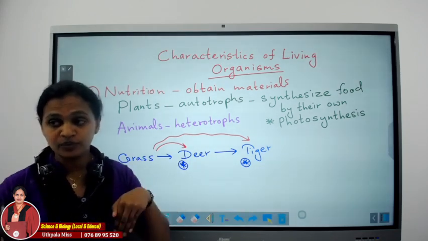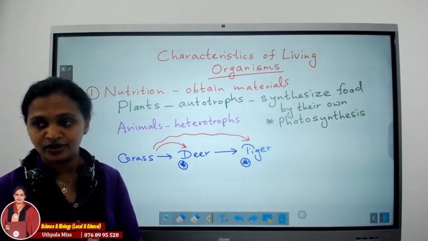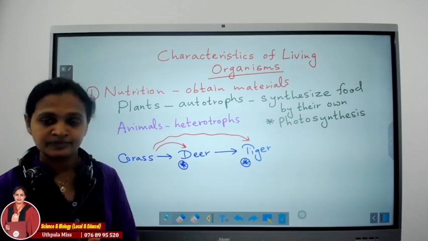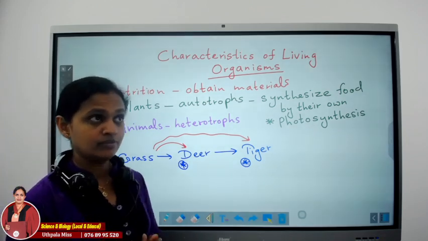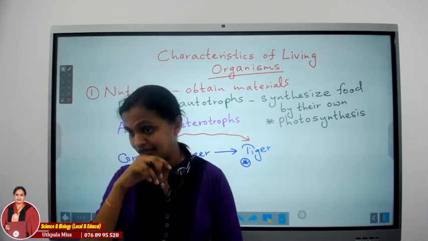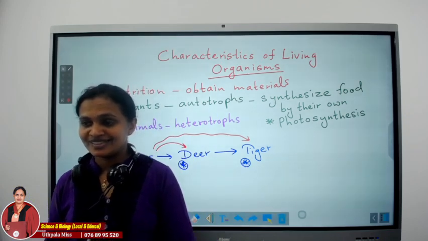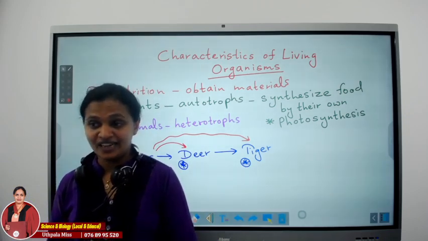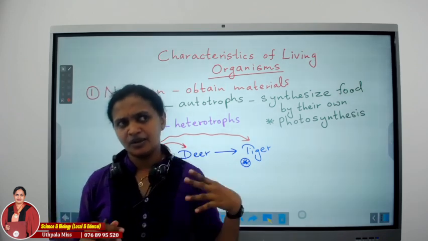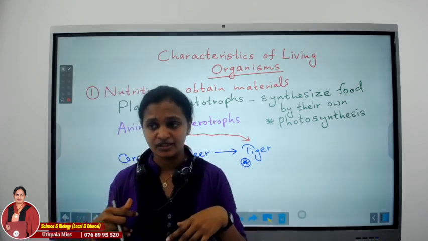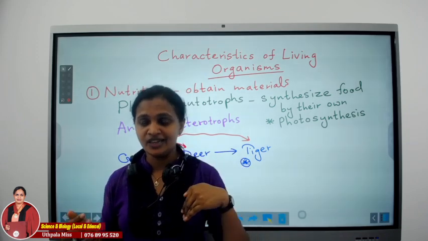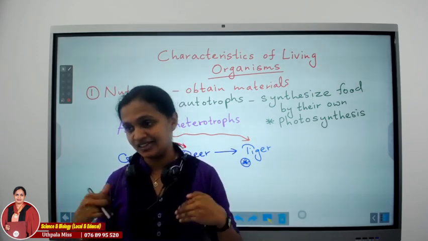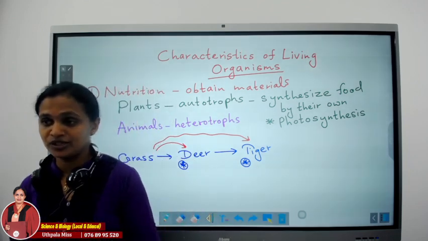Then after obtaining the materials into the body by means of nutrition, we need to obtain energy. Now we say that by eating we get energy. Actually, once we eat, the food gets digested and the digestive end products are absorbed into blood.